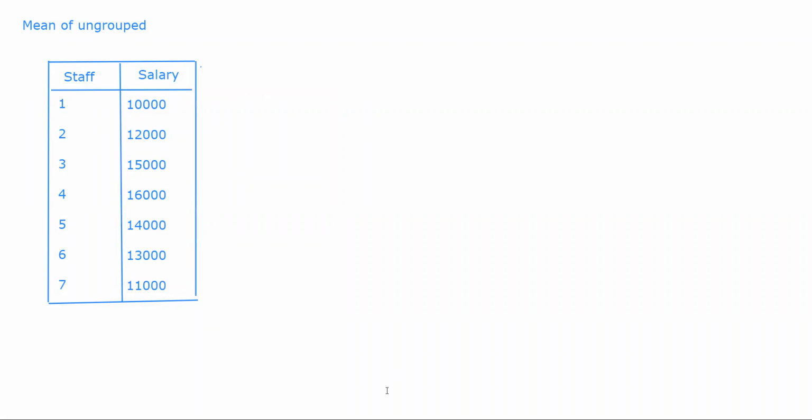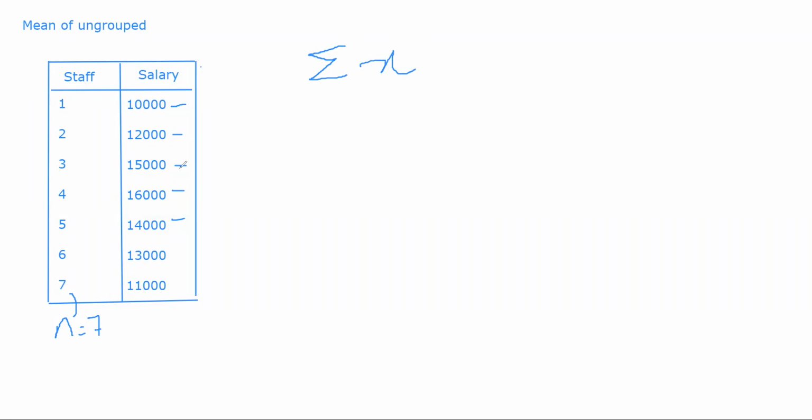So your x values will be these. So this is your x1, x2, x3, x4, x5 and up to x7. The total number of observations that you are getting is n equal to 7. So your goal to find the mean will be to find the summation of x, the sum of all the observations.